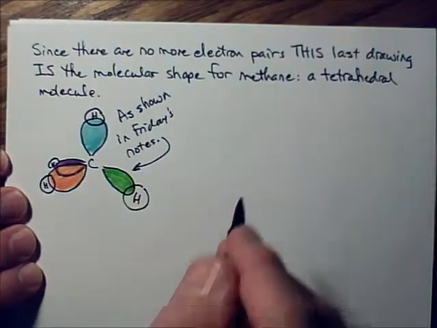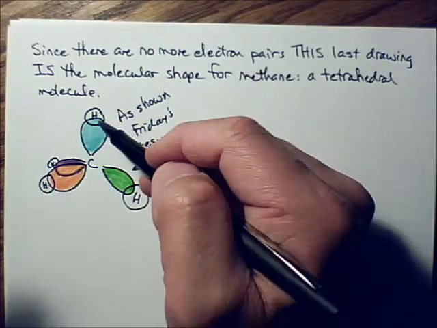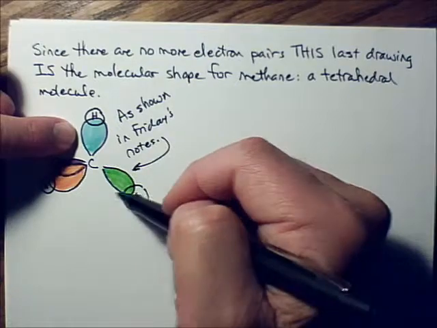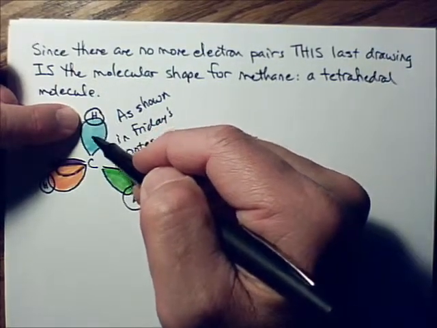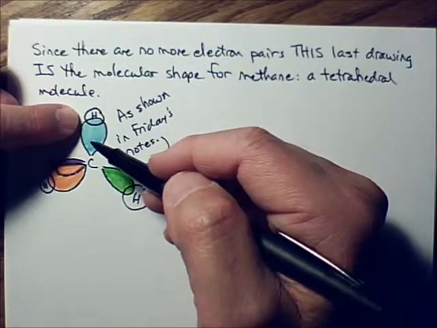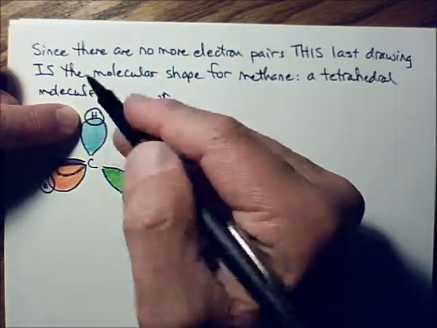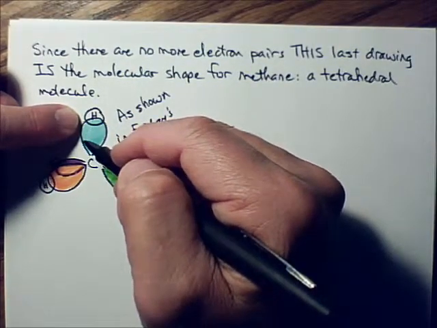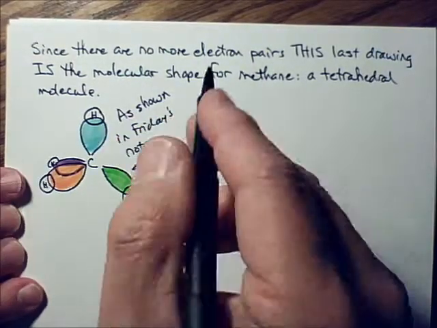But something else actually happens. There is an overlapping of the orbital of hydrogen and this sp3 orbital of carbon, and they become one combined orbital, and that combined orbital is called a covalent bond. So one electron from the hydrogen and one electron in this sp3 orbital combine together in the same orbital that we call a covalent bond. But there's a slight change in shape here when that happens.